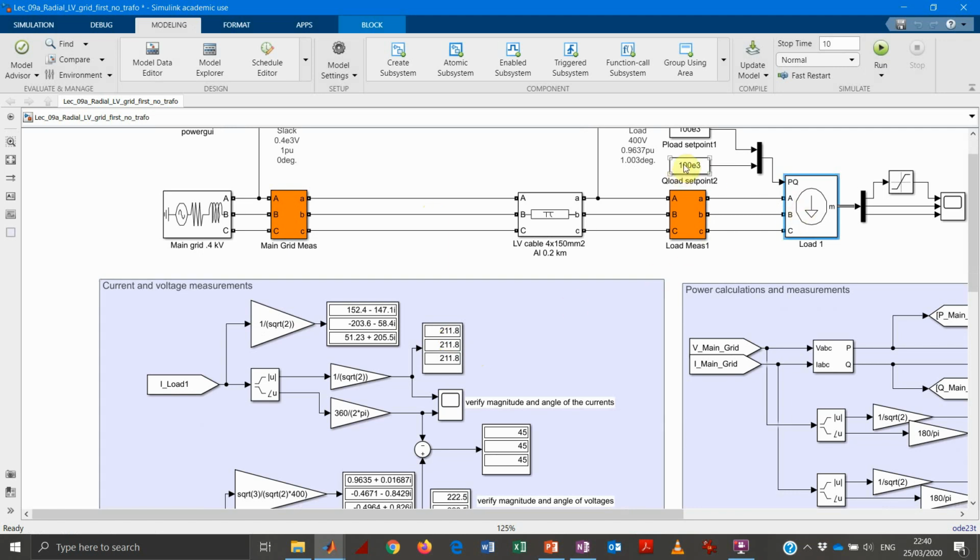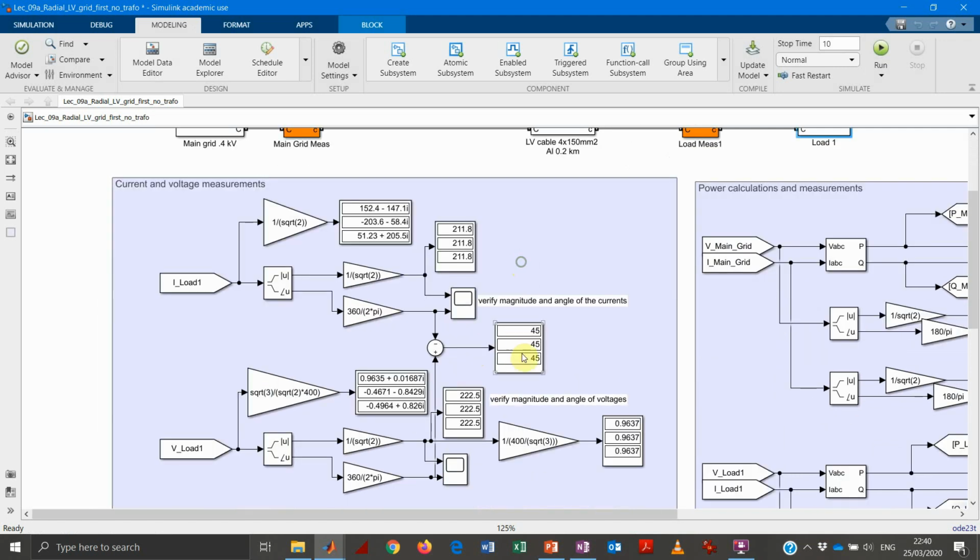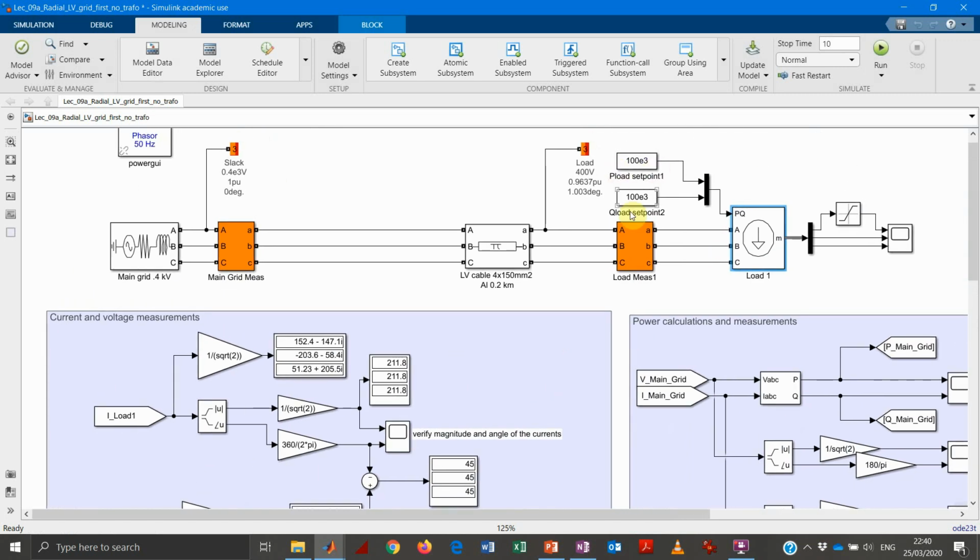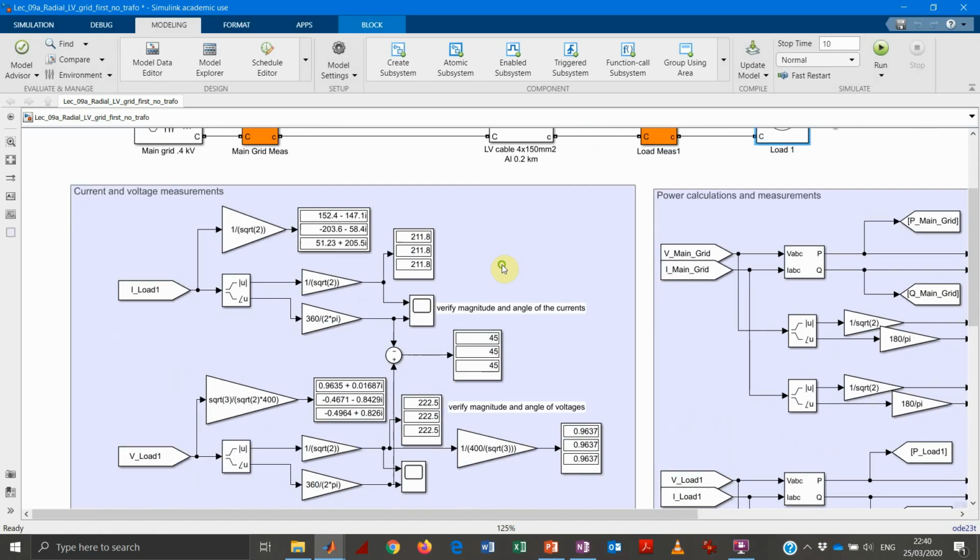I have more power to supply, so I have also this bunch of reactive power, so the current gets larger. As expected, the angle, so the power factor, basically gets to 45 degrees, because it's 100 kilowatt and 100 kilovolt ampere reactive.